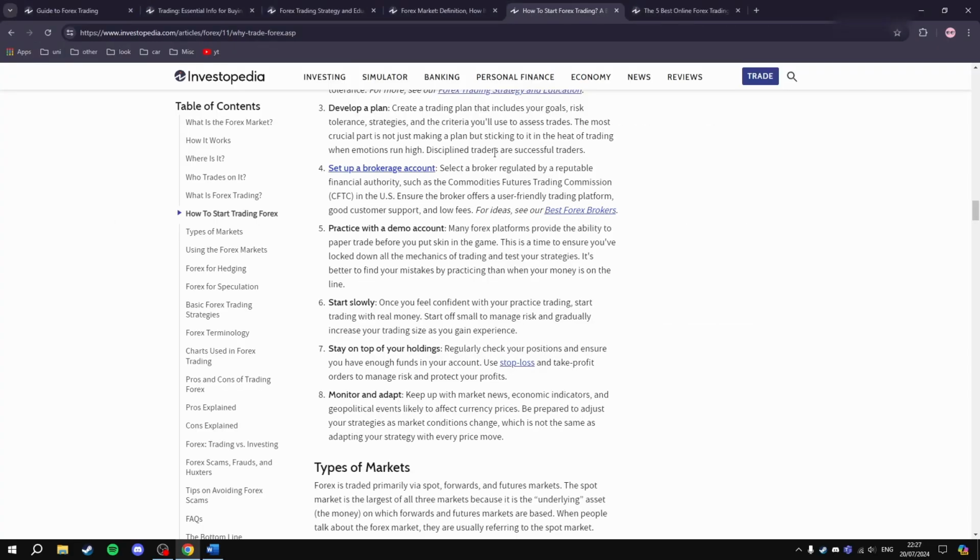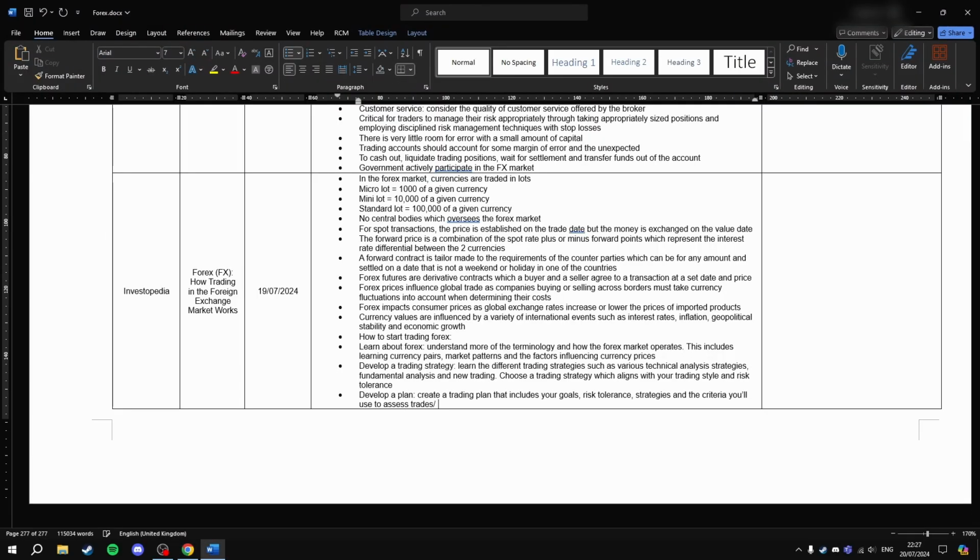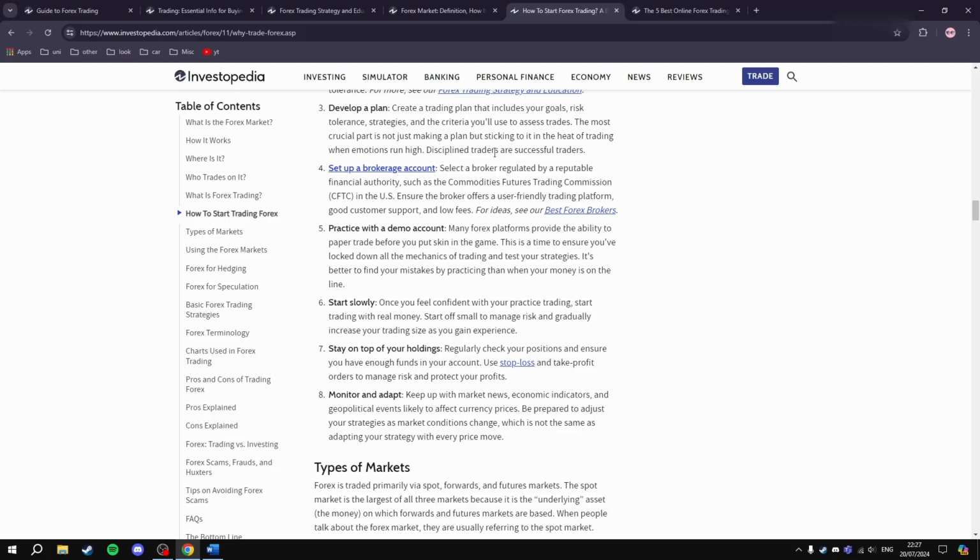The most crucial part is not just making a plan, but sticking to it in the heat of trading when emotions run high. So don't just make the trading plan, stick to it. Disciplined traders are successful traders.